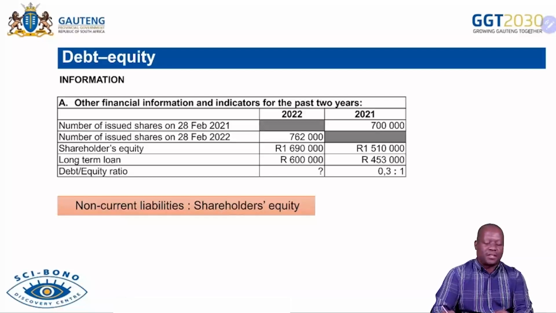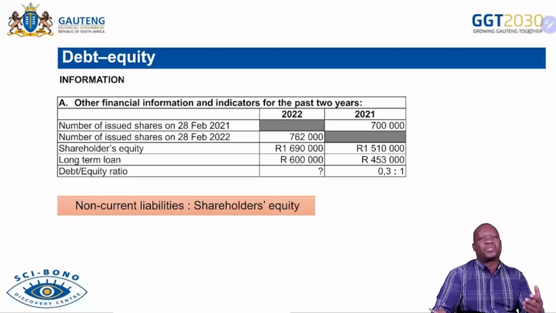Non-current liabilities. Remember your debt, it's your long-term liabilities. Your debt, it's your non-current liabilities, as to shareholders' equity. Very important for you to be in a position to remember this.